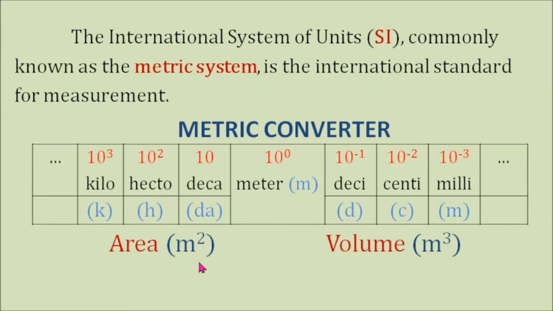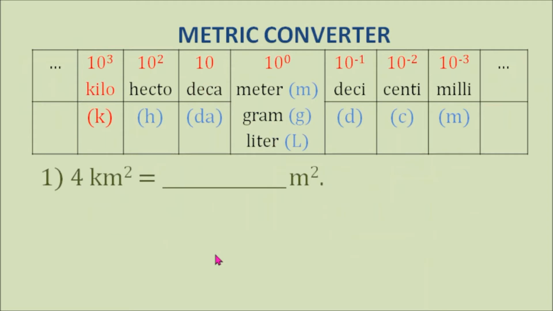How are we going to use this metric converter in converting between metric units of area and volume? Example number 1. 4 kilometers squared equals how many meters squared?